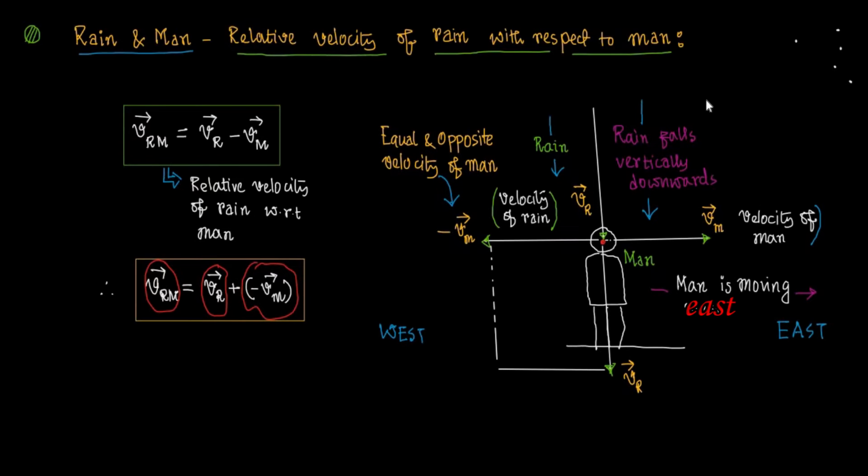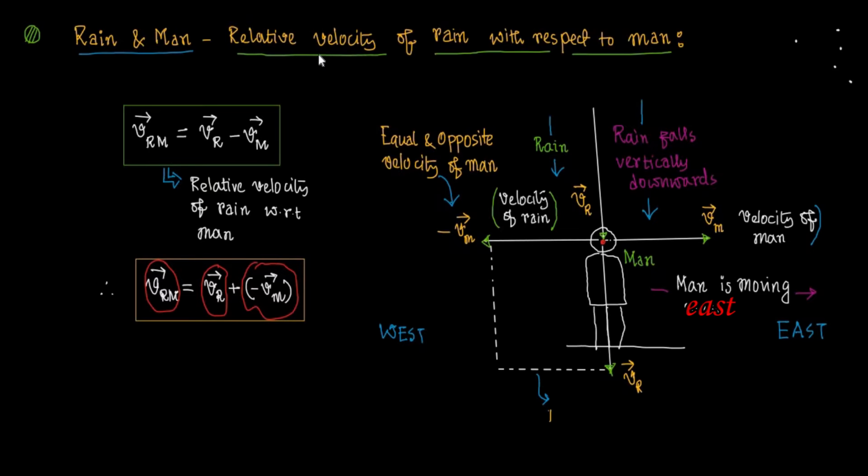In this case, we can draw a parallelogram or rectangle to apply the parallelogram law and get the resultant velocity vector vrm, which is equal to vector vr minus vector vm.